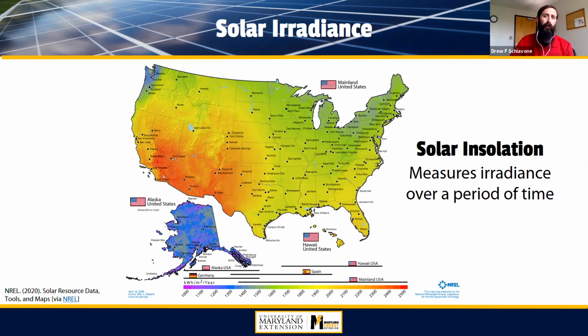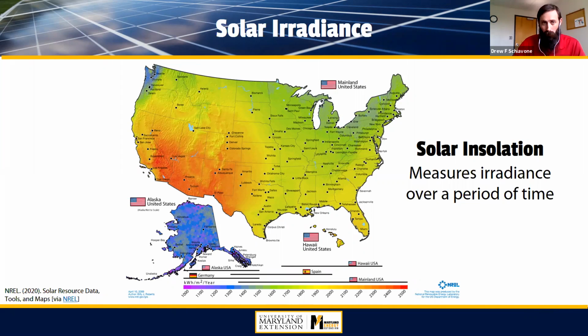There is one similar expression, and we won't spend too much time on this, but solar insolation often gets confused. I'll just make a distinction quickly here: solar insolation takes into account a period of time. And so you're taking out the variation that you see over time dealing with weather patterns or seasonal variation.